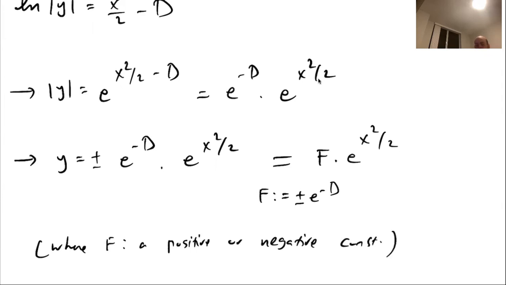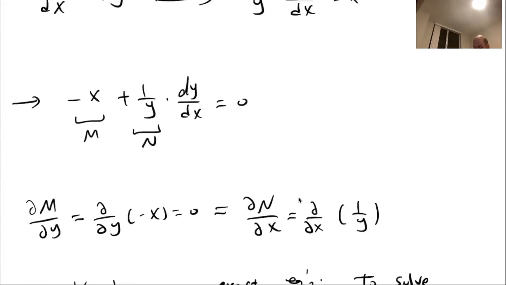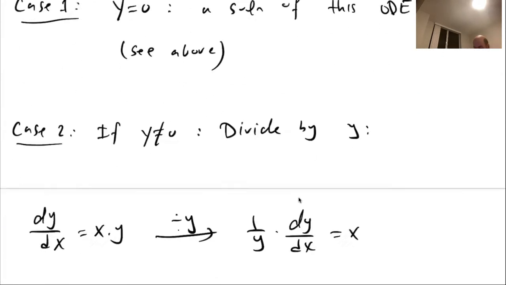Because e to the power minus d is always positive, exponentials are always positive, plus or minus that will be positive or negative.